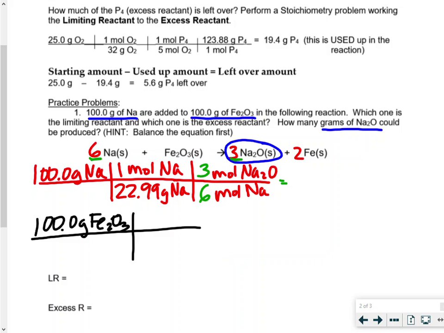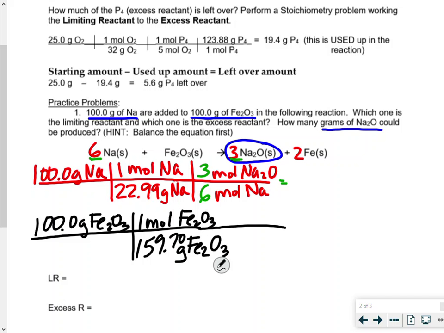I'm going to go ahead and set up the other one as well. Anybody with a molar mass on iron 3 oxide? What'd you say? 159.70. Let's carry it out to the hundredths, of course. That equals 1 mole of the Fe2O3. Good. Now we do the mole ratio.